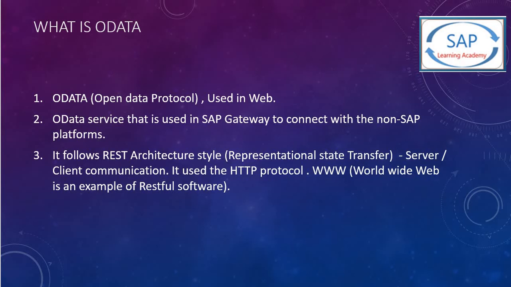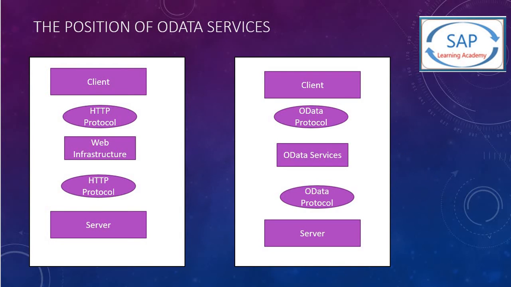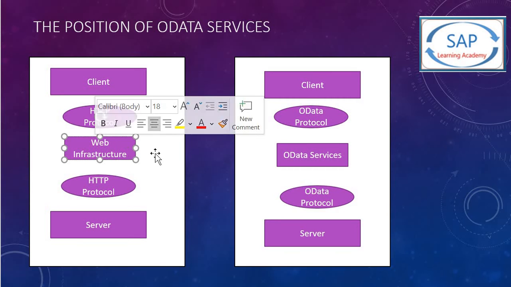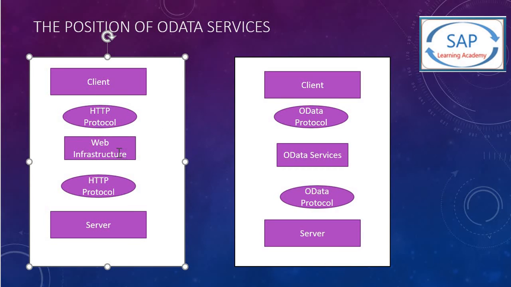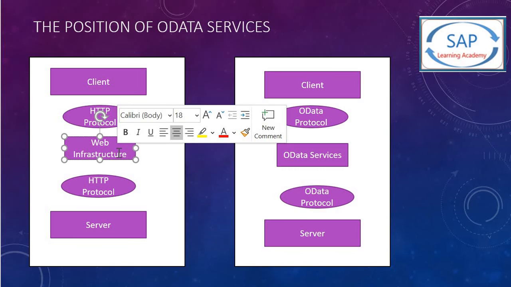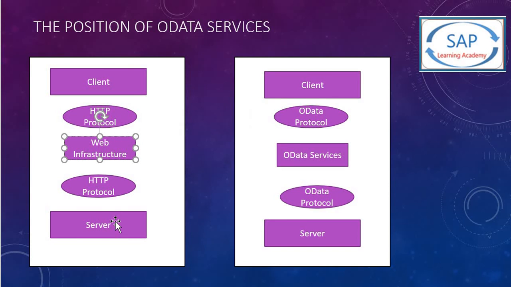So we will be now moving into the next slide where we will see in a much better picture the uses of OData services. On the left side, we have this standard REST architectural style. Here we can see that we have this client and server structure used by HTTP protocol, and we have this web infrastructure where we write the main logic or data format or any kind of programming to read the data from the server.